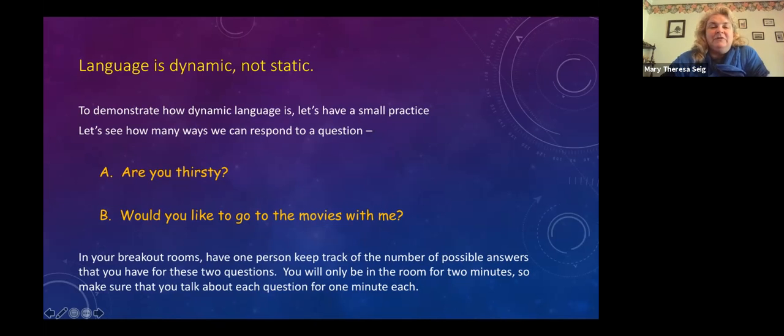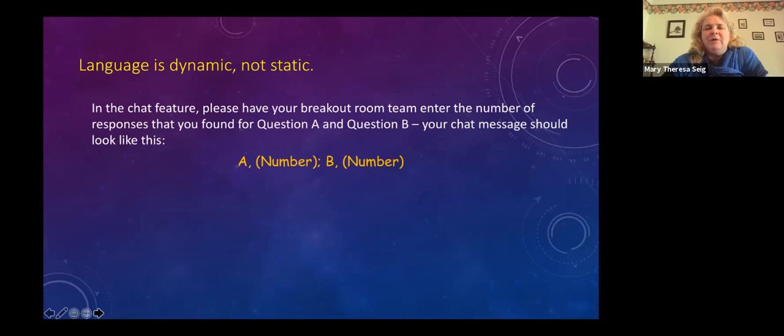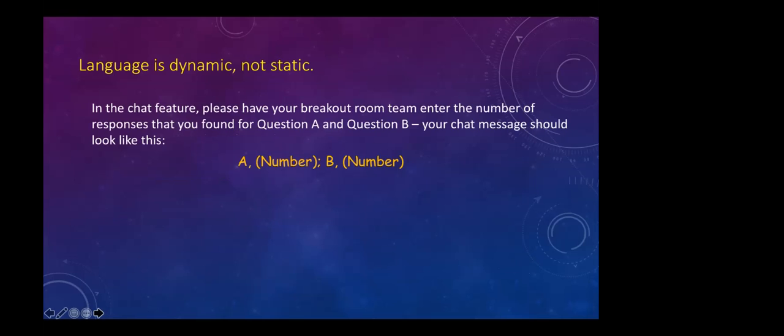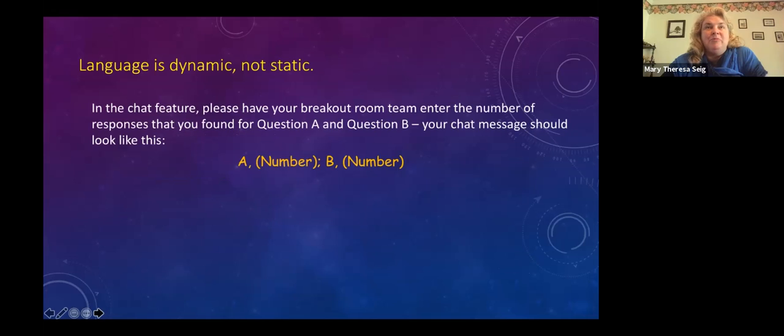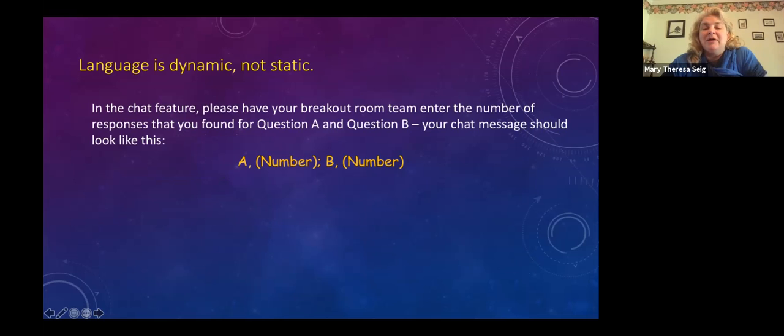What I'd like you to do as you come back is to go into the chat feature. Please have your secretary from your breakout room team enter the responses you found for question A and question B. Question A was, are you thirsty?